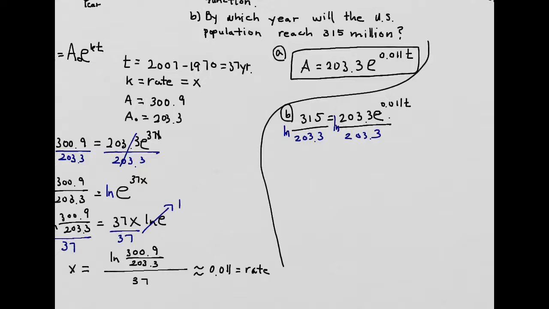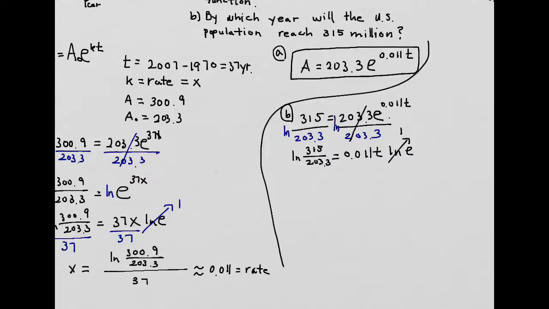I will get ln of 315 over 203.3 equals 0.011t, and the e and the natural logarithm cancel out, right?